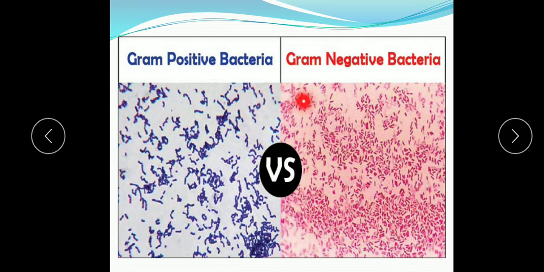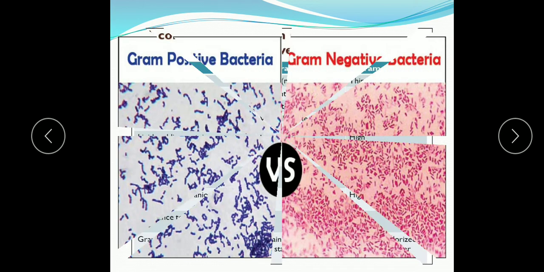So if bacteria are decolorized and on staining with safranin they take a red or pink color, then these bacteria are known as gram negative bacteria. And if the bacteria retain the violet color, then they are the gram positive bacteria, because they retained the previous stain. They did not receive the safranin. Understood? So this is the basis of the difference between gram positive and gram negative bacteria.